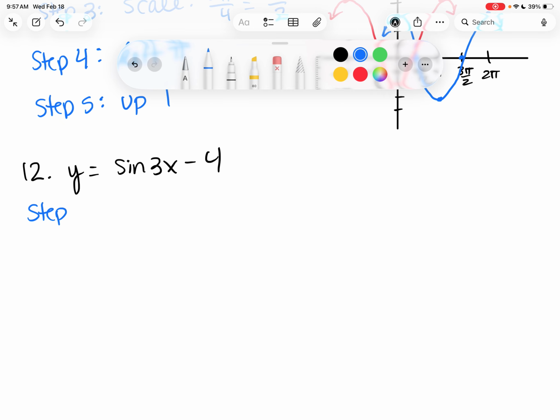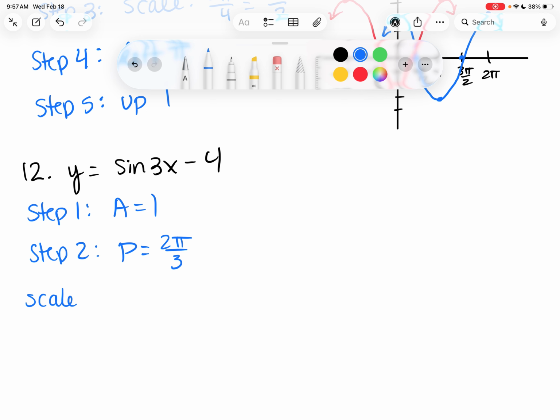Step 1. Amplitude is 1. Step 2. Period is what? 2 pi over 3.